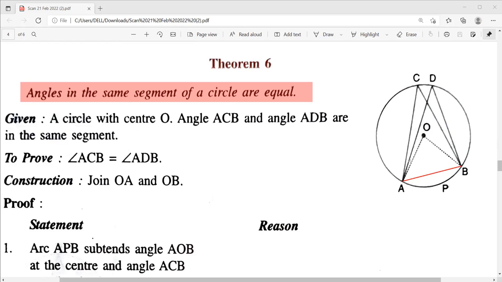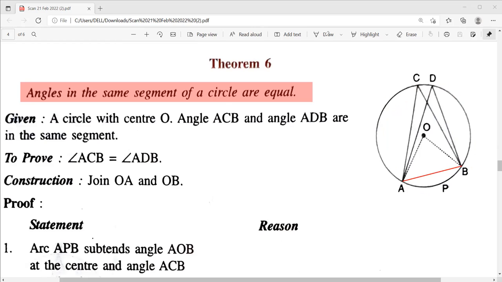It also divides the circumference in two parts. So the bigger part of the circumference that you have, you call it the major arc. This one is the major arc. And then here you call it the minor arc, AB.